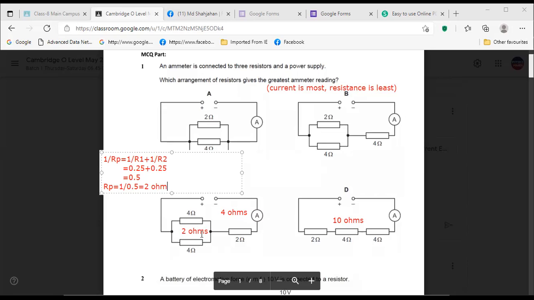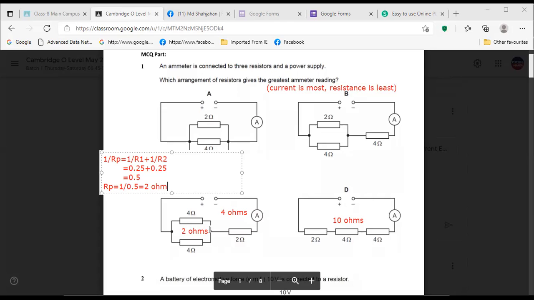So it's coming 2 ohms, right? We calculated, we got the proof, but before calculation I told you this, right? So when you are getting two identical resistors with the same resistance, then their parallel combined resistance will be half of their single resistance.